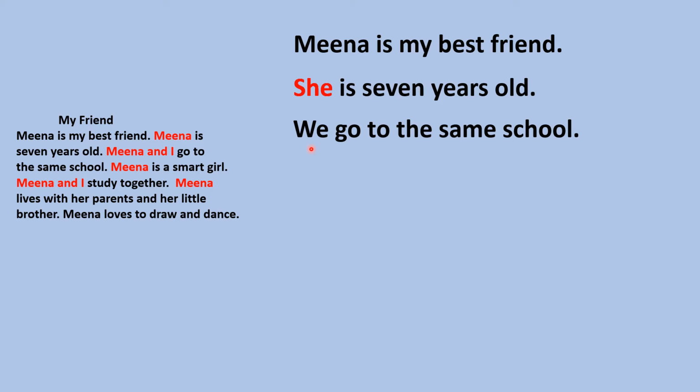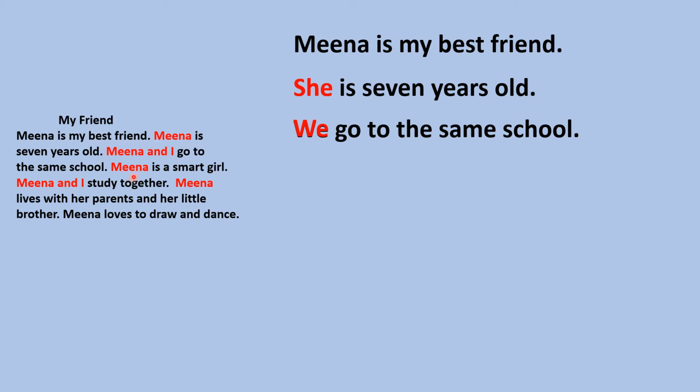So instead of writing Meena and I, you can write the word we. We go to the same school. The word we is used when you talk about somebody else and yourself. So you can write the word we instead of Meena and I.